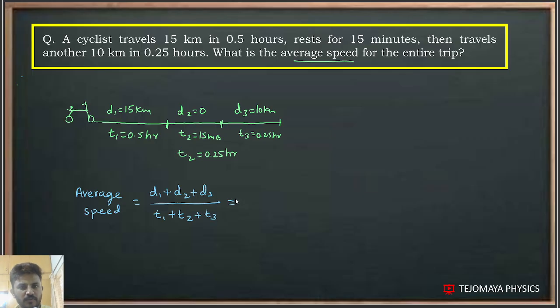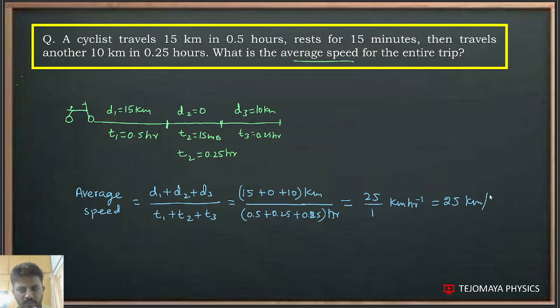So total distance traveled is 15 plus 0 plus 10 kilometers, divided by time 0.5 plus 0.25 plus 0.25, again this will be in hours. That is equal to 10 plus 15 is 25 divided by 1 kilometer per hour. That is equal to 25 kilometer per hour.